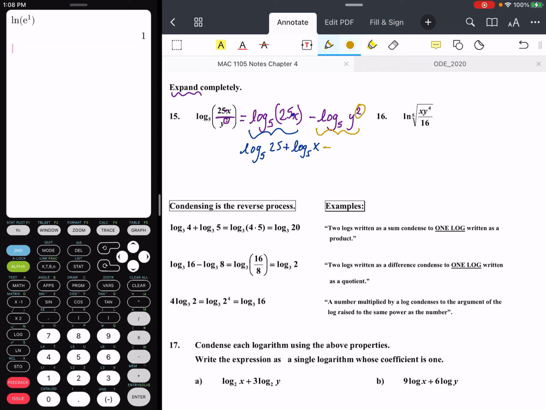So I'm going to write minus 2 times log base 5 of y. And last but not least, remember I want to fully simplify if I can. Log base 5 of 25 is saying 5 to what power equals 25? And that's just 2. So now for my final answer, I have 2 plus log base 5 of x minus 2 times log base 5 of y.